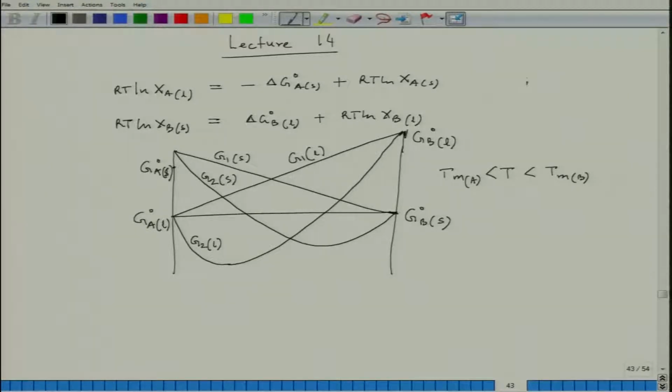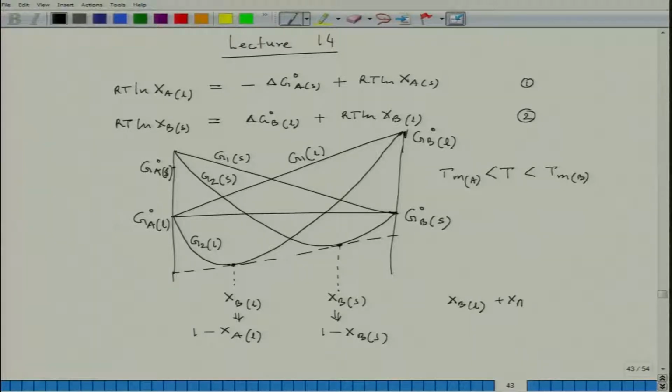Now these two equations, this is equation 1, this is equation 2, were obtained when we had a common tangent passing through these 2 points on liquid and solid lines, and this is corresponding to XB of liquid, this is corresponding to XB of solid, which can also be written in the form of XA liquid 1 minus XB liquid, and this one can be written as 1 minus XB solid, since XB liquid plus XA liquid equal to 1. Similarly, XB solid plus XA solid equal to 1.